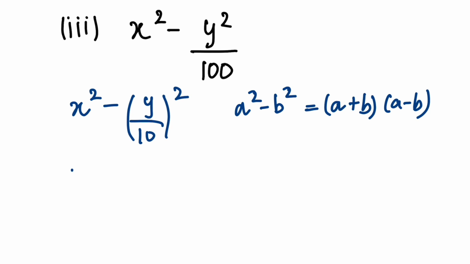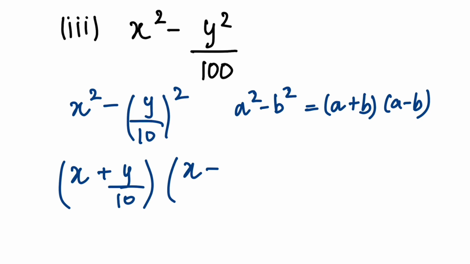So you are going to write it that way, so it becomes x plus y by 10 and x minus y by 10. So x plus y by 10 into x minus y by 10 is your factorized form.